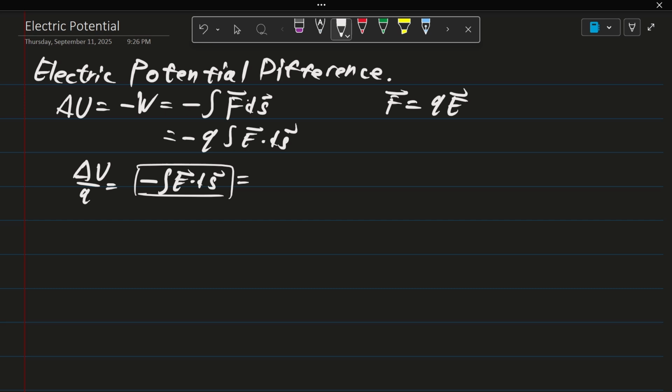So we'll just call that the voltage itself, or the change in voltage, because we are dealing with the change of potential energy. So this is the definition of the change in voltage, or the electric potential difference.